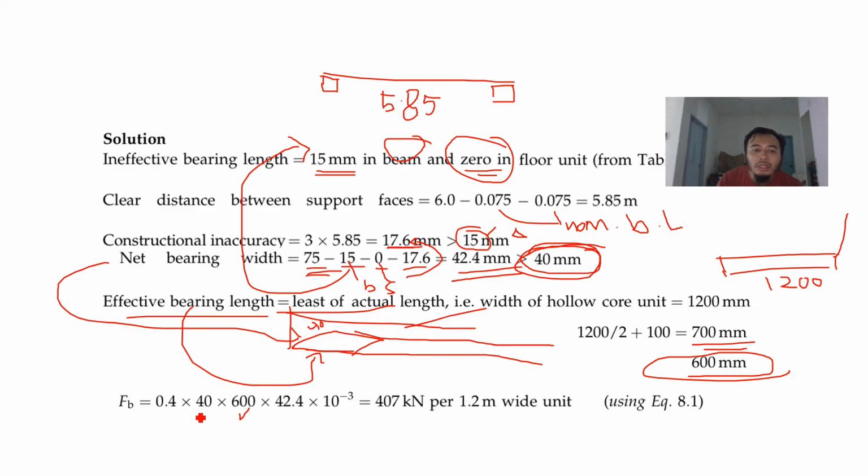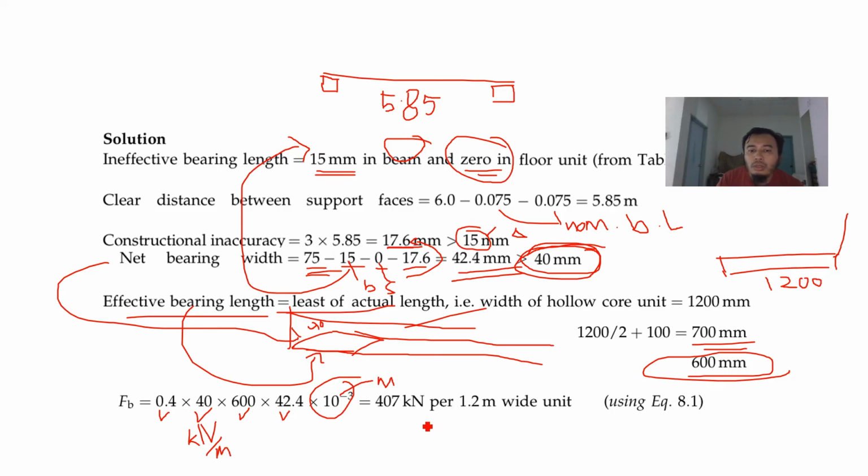So 600 times concrete grade times 40% or 0.4, then times your net bearing width, and convert. This is for conversion to meter, so this is in kilonewton per meter.